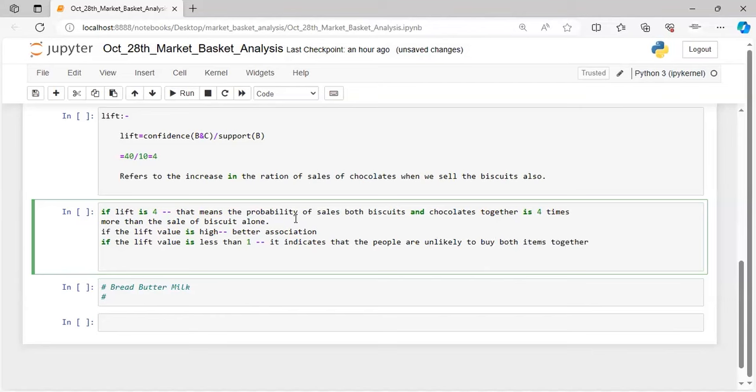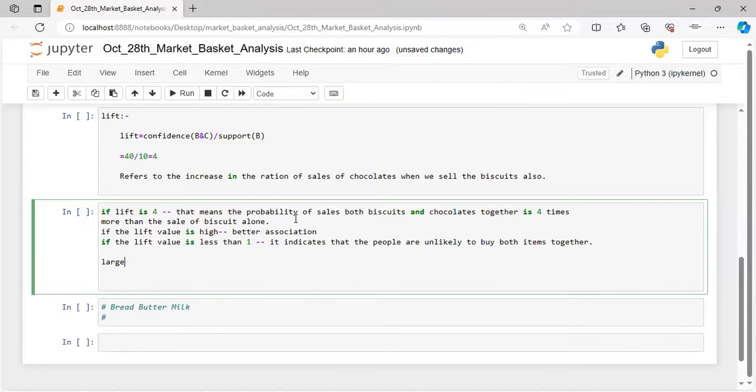So the larger the value, the better. This is your threshold value. If it is less than 1, then we cannot think about that particular combination.